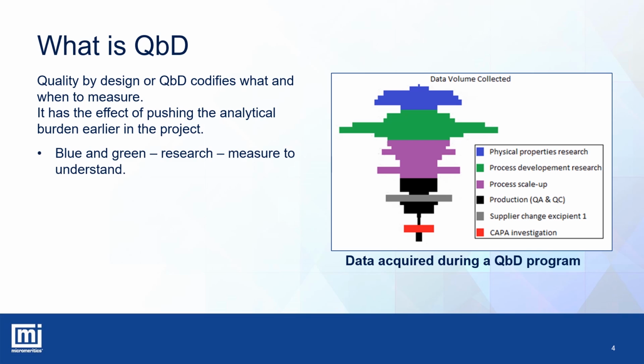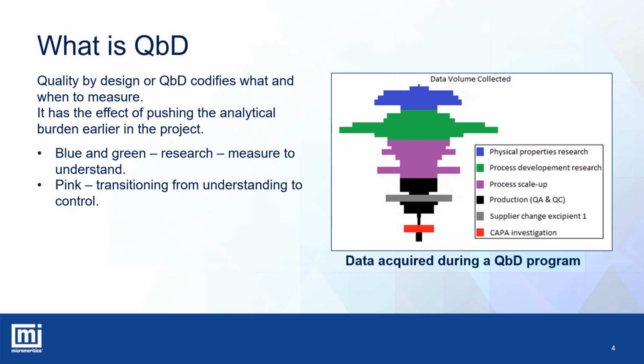The blue and the green research phases show a significant increase in the testing. This was because the properties of the components and the products were being explored, and all of the processing effects had to be quantified. These steps elucidate the design space that the processes and the materials make available.